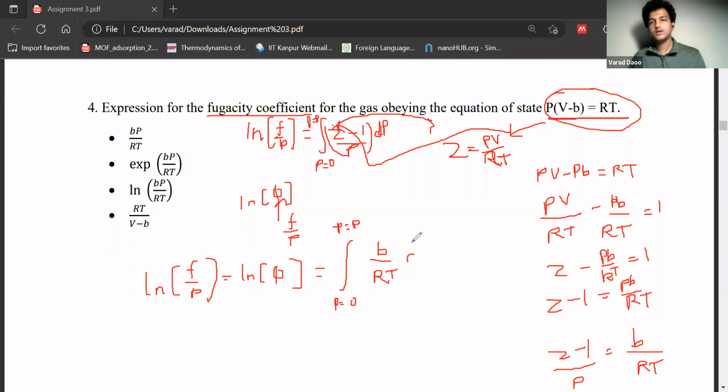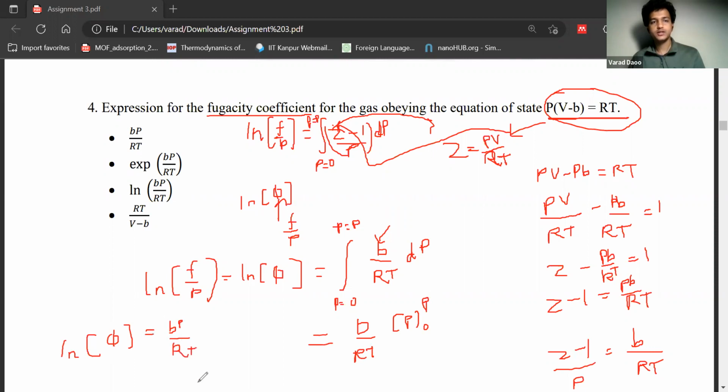Okay, dP. We assume that this b is not changing with respect to pressure, and anyway R and T are going to remain constant. This is nothing but b by RT into P from 0 to P. So ln phi is equal to bP by RT.